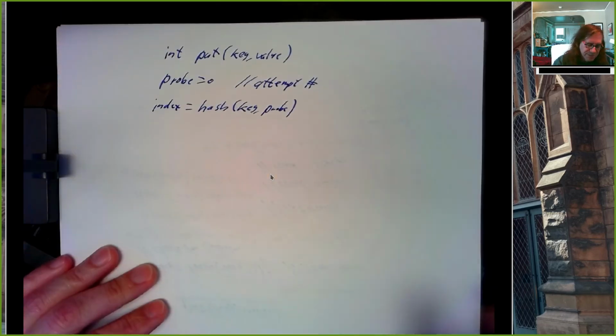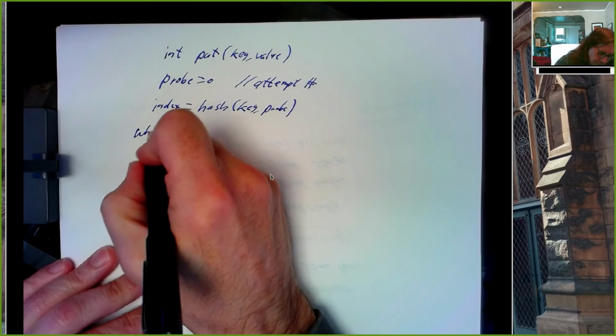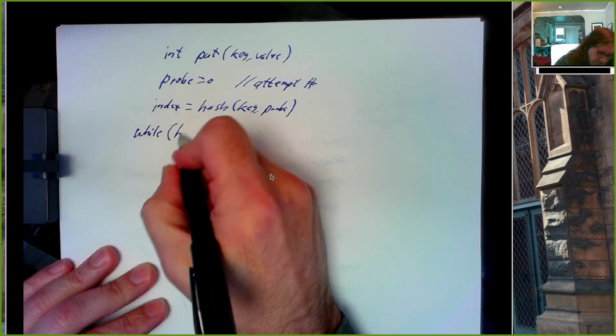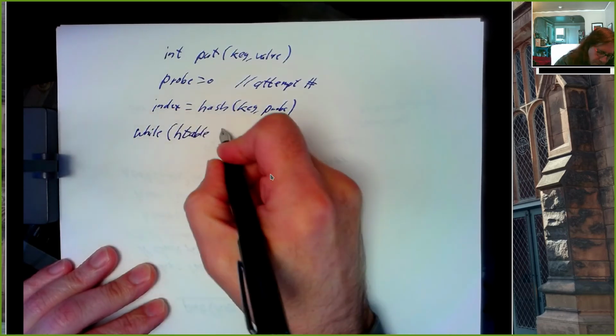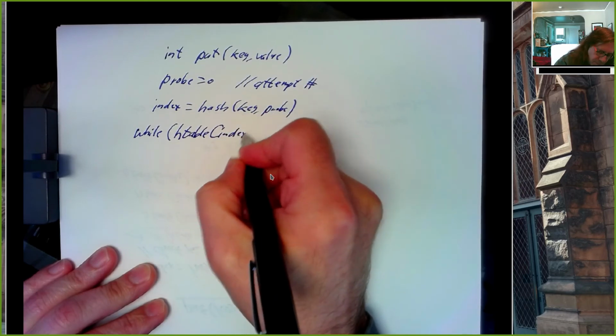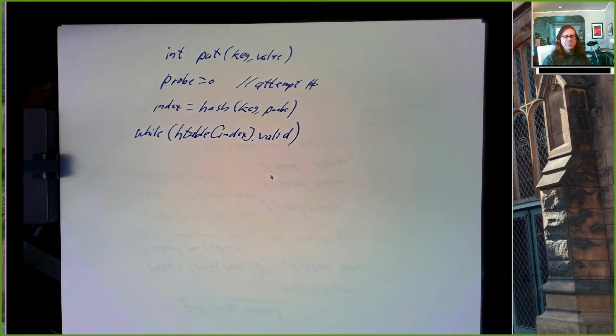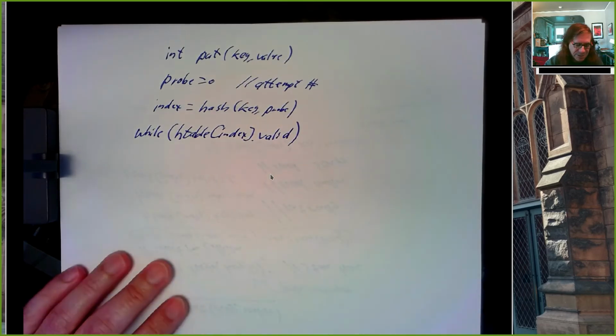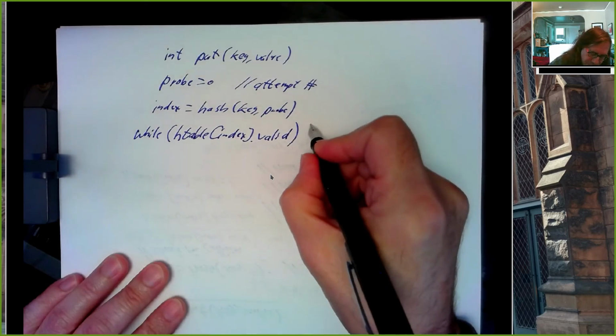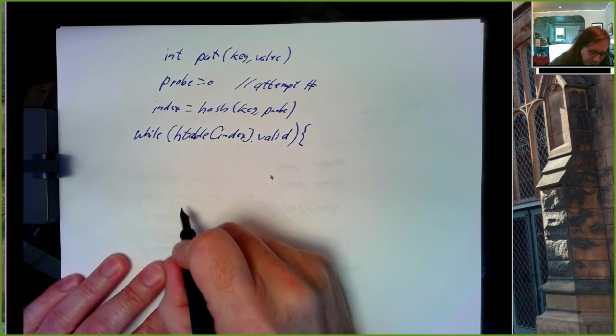So let's just think of this as a while. So while at that index, the valid bit is asserted. So I'm treating this like a Boolean, even though it's an int. So while this is asserted, what do we want to do?